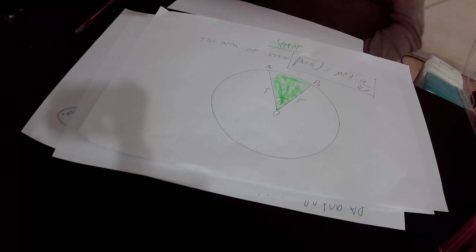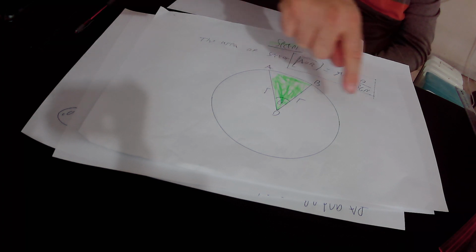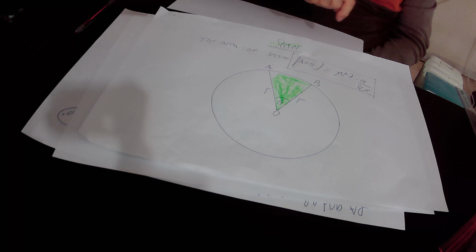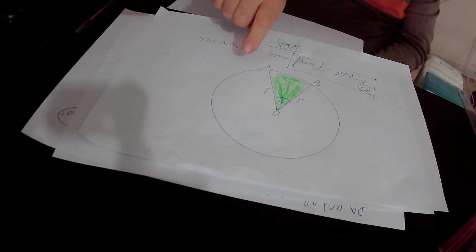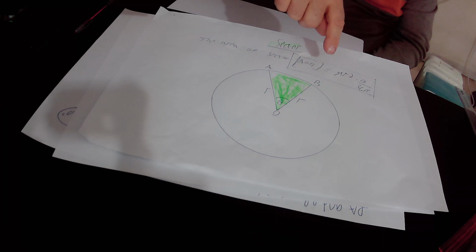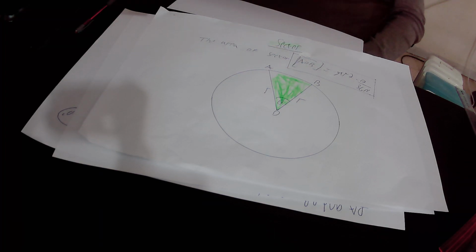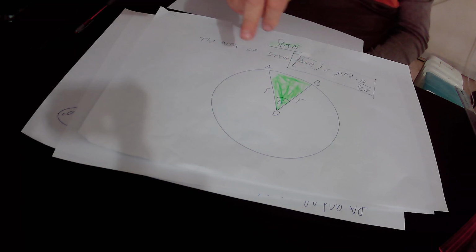The area of sector AOB equals the area of the circle that contains the sector, that is pi r squared, because the radius is r, times theta, the angle between the legs of this sector, over 360 degrees.